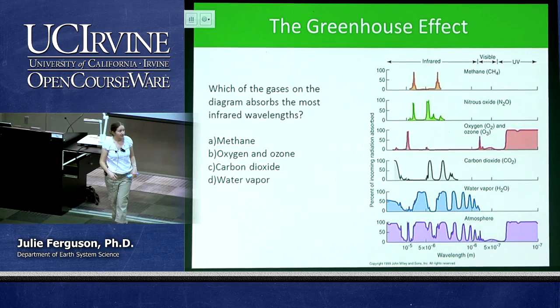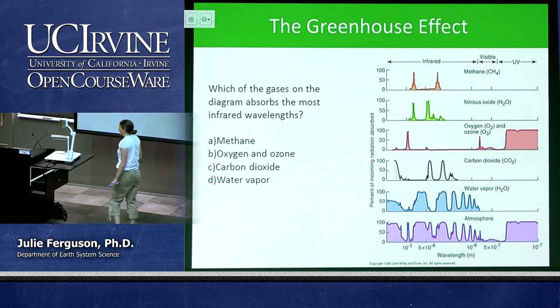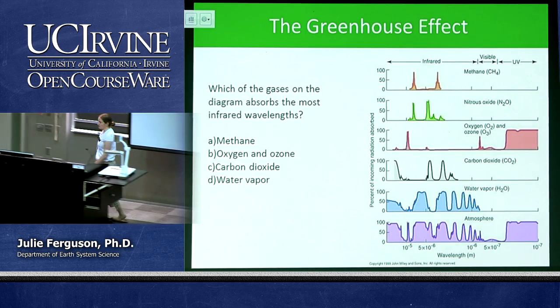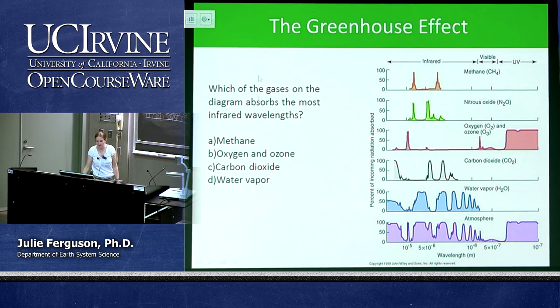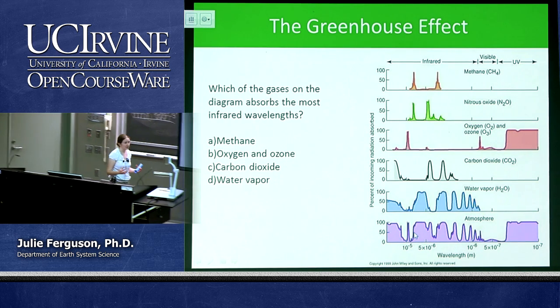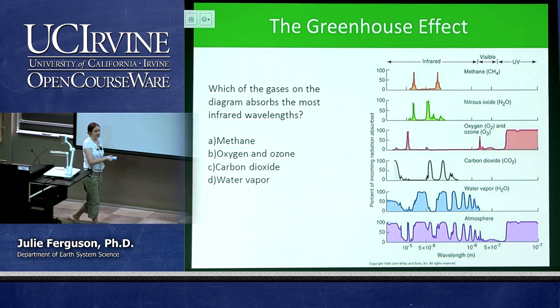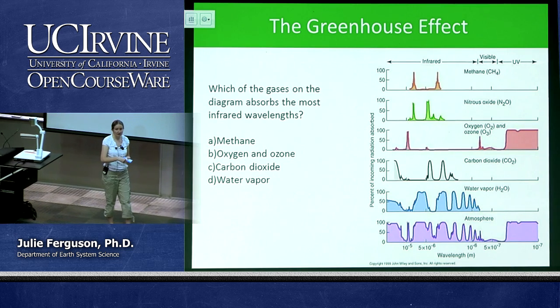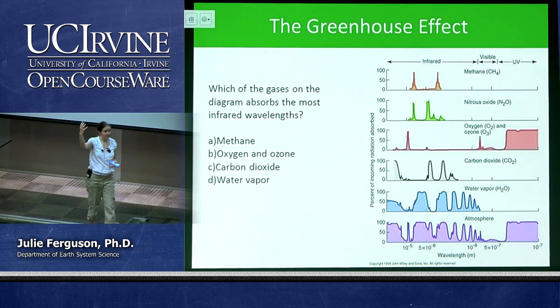Okay? And what you might notice, though, is that there are little gaps, and in particular there's a little gap around here, which corresponds to the peak radiation that the Earth is giving out. So a certain amount of that infrared radiation given out by the Earth does escape out to space.